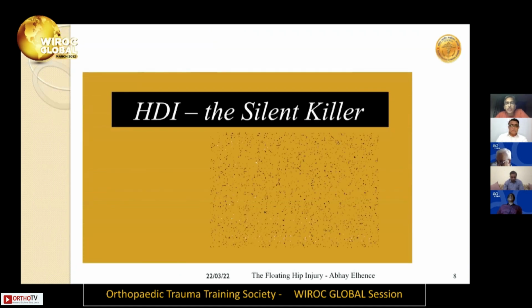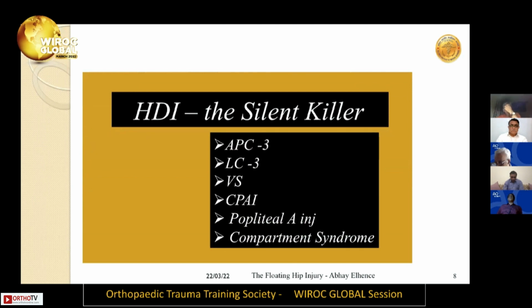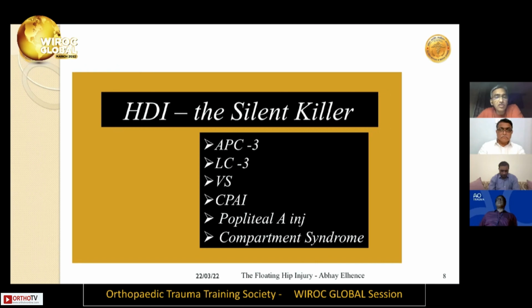So what is important to understand in these injuries is which are the injuries which will cause hemodynamic instability and which will cause a risk to life. And those are the APC3 injuries, the LC3 injuries, the vertical shears, the combined pelviacetabular injuries, and the popliteal artery damage and compartment syndromes.